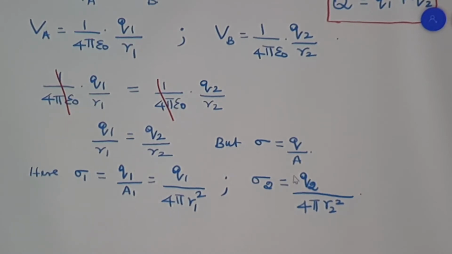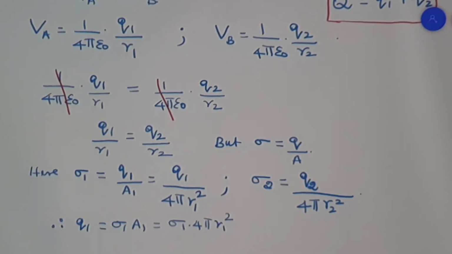Now, you take this value and substitute for Q1. So, what is Q1 then? Therefore, I can write Q1 is equal to, on cross multiplying, sigma 1 into A1, or I can write sigma 1 into 4 pi into R1 square.